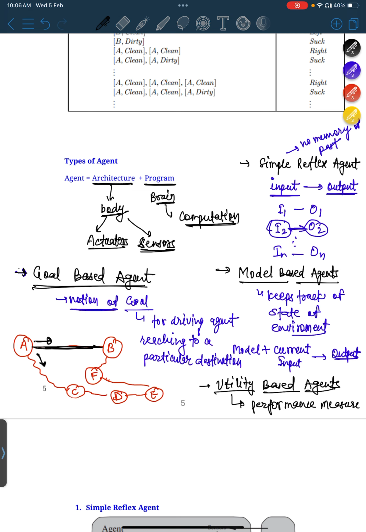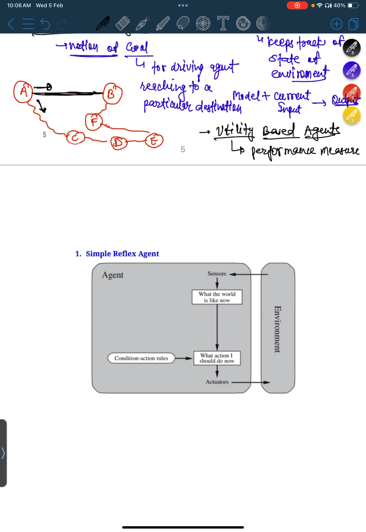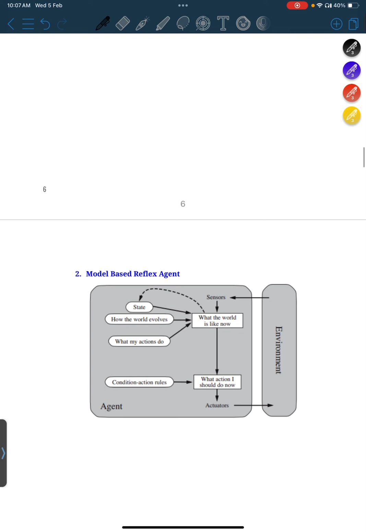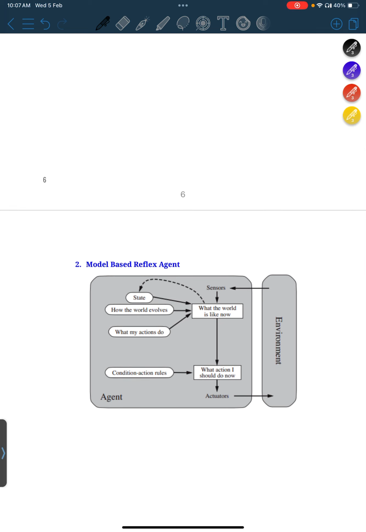There are simple reflex agents, which take how the world looks right now, then there is a table of input and output, and on that basis it takes the decision. Simple, guys. But then there are model based agents, which take the current input, what's the input right now, but along with that it has some model.